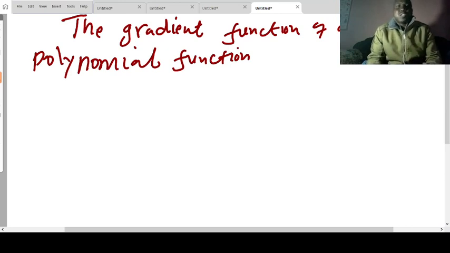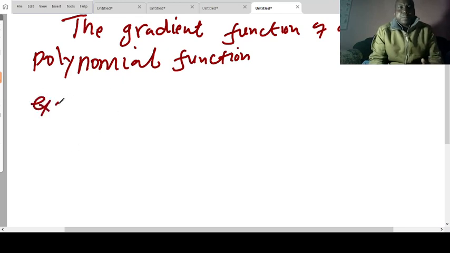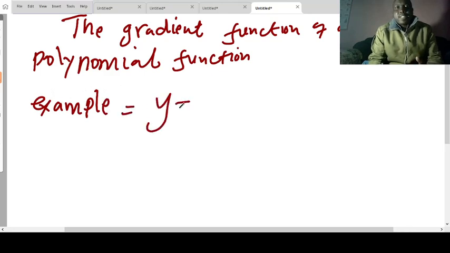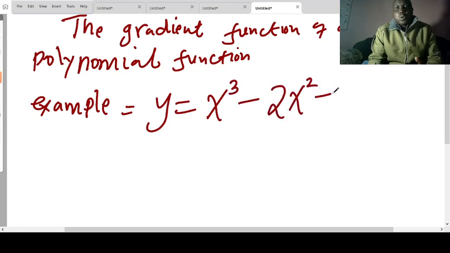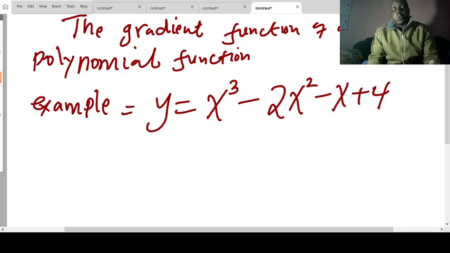Without wasting much time explaining, let me use an example. An example of a polynomial is y is equal to x raised to power 3 minus 2x raised to power 2 minus x plus 4. This is what we call a polynomial function.